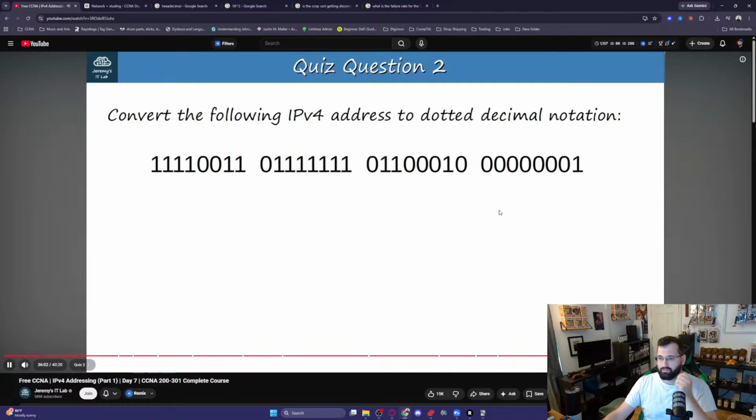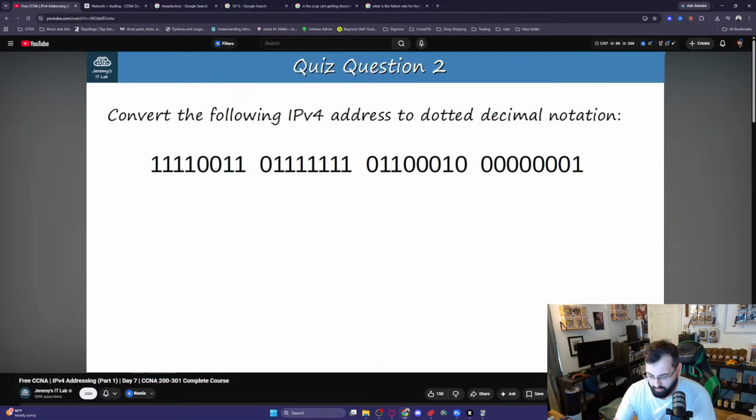Convert the following IPv4 address to dotted decimal notation. Okay, obviously that's 1. We're going to use the calculator instead of using my brain because it has been proven to be wrong.